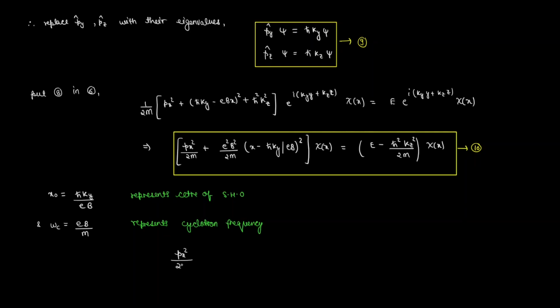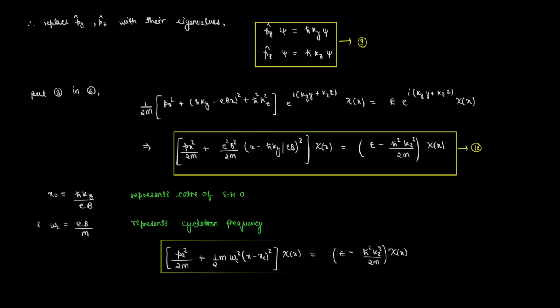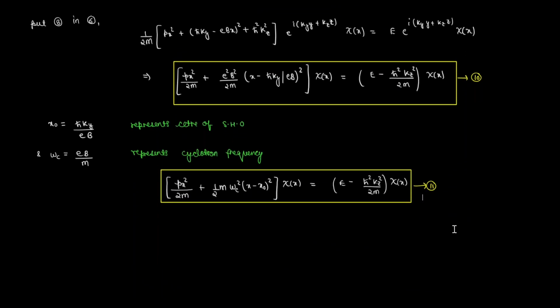Then equation 10 will be simplified to a Schrödinger equation for a simple harmonic oscillator, which is displaced by x naught, where this term represents the Hamiltonian for a 1D harmonic oscillator with center at x naught.